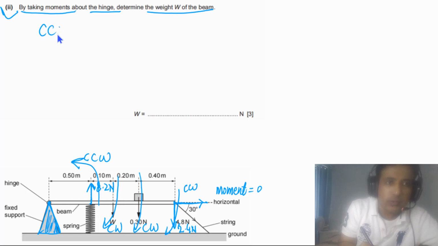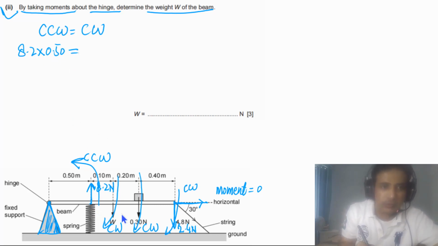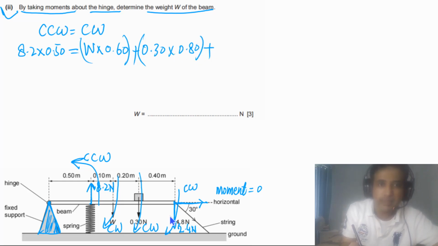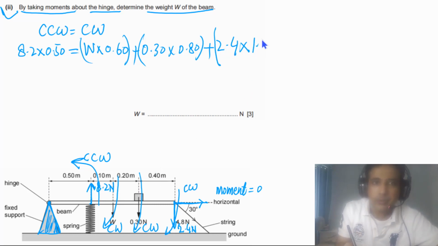Now we write that counterclockwise moments must equal clockwise moments. For the counterclockwise moment we have 8.2 times the distance from the pivot, 0.5. This must equal the moment due to the weight W times 0.60, plus the moment due to this force, 0.30 times 0.80, plus the vertical component, 2.4 newtons, times its distance from the pivot, 0.8 plus 0.4, that is 1.2.